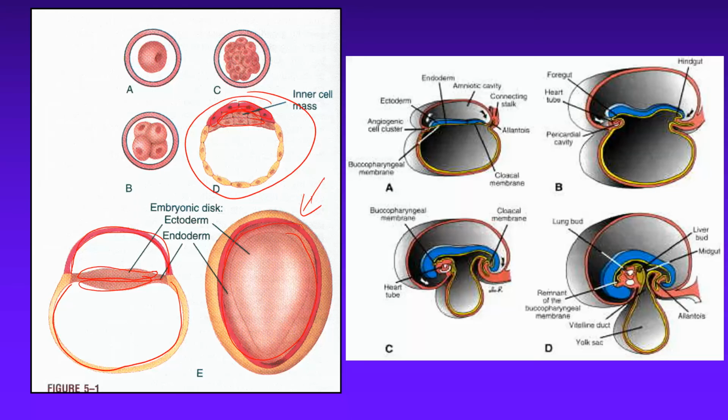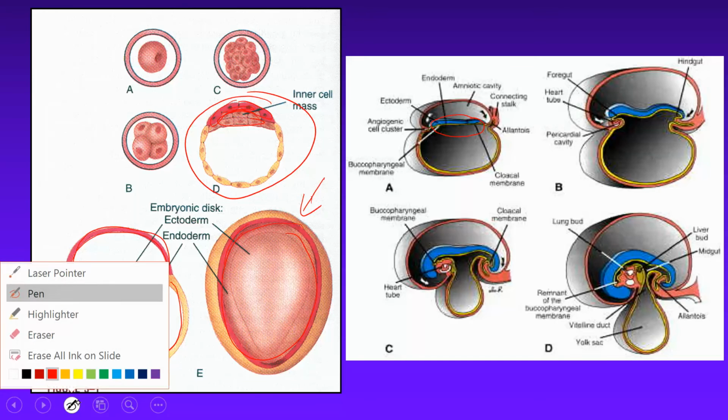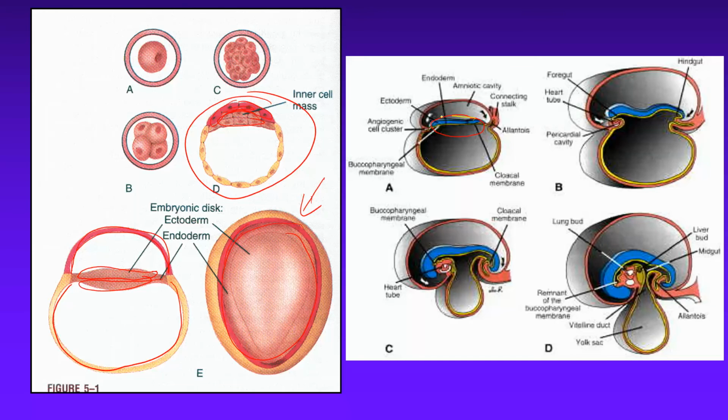So what happens as this fetus starts to develop? I had the hardest time. Your book doesn't do a great job of showing pictures that give you a good 3-dimensional perspective of what this fetus looks like and how it's forming. So here's that. Let me go with a little lighter color here. Here is the embryonic disc developing. Here's that amniotic cavity and the yolk sac.